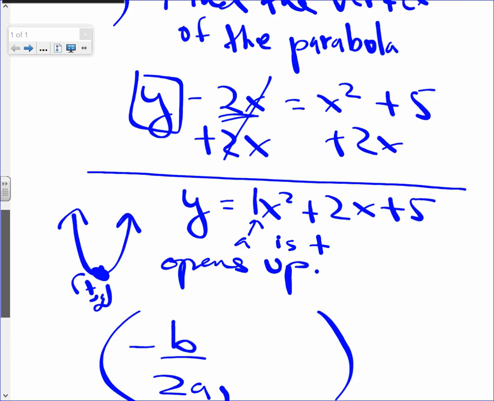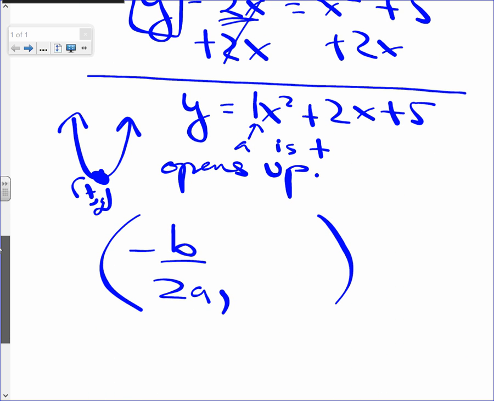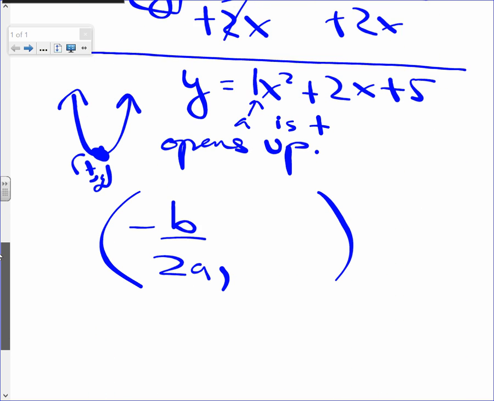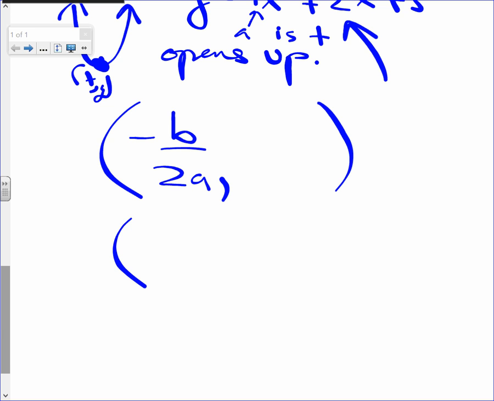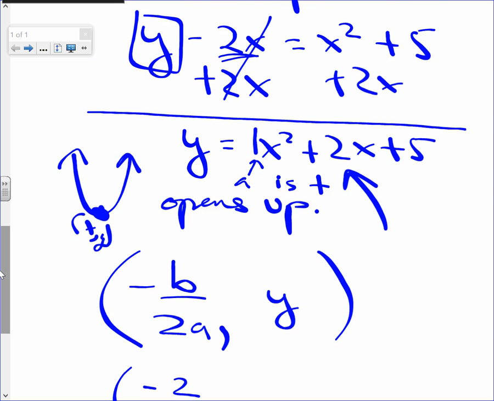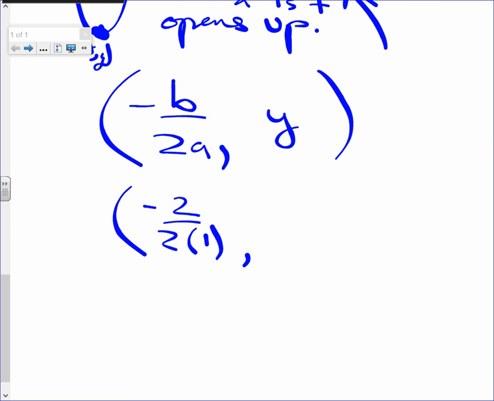But what is my b, Murillo? 2 only, not x. So watch this. Here's my b, and here's my a as 1. Let's plug and chug. I'm going to leave the y just like that for now. We're going to get to the y later. Right now, we're just focusing on the x coordinate, which is negative b over 2a. So it's negative b, which is negative 2, over 2 times, what's my a value again? It's 1, comma, y.